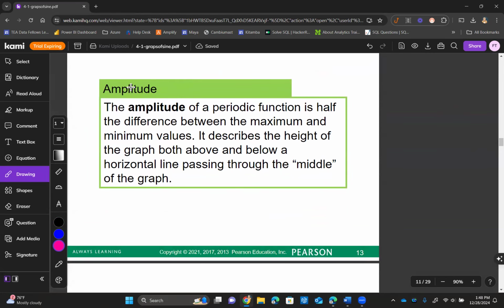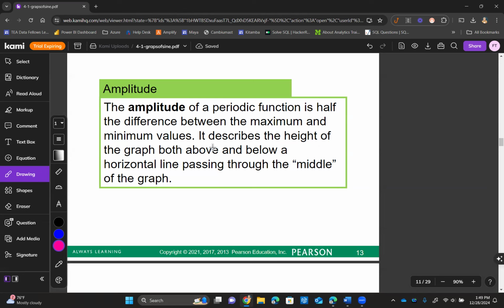We have to understand this vocabulary called amplitude. The amplitude of a periodic function is half the difference between the maximum and minimum values. So if you want to find the amplitude for these sine and cosine graphs, you look at the difference between the maximum point and minimum point, and then divide by 2.